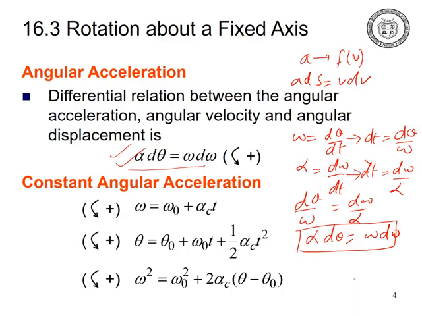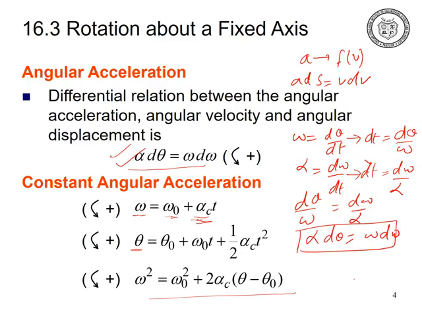When the angular acceleration alpha is constant, the equation will be omega equal to omega naught plus alpha time t. Here you simply replace v with omega, a with alpha, and s with theta. In this way you can get the equations of motion when the angular acceleration alpha is constant. So this is for uniformly accelerated motion.